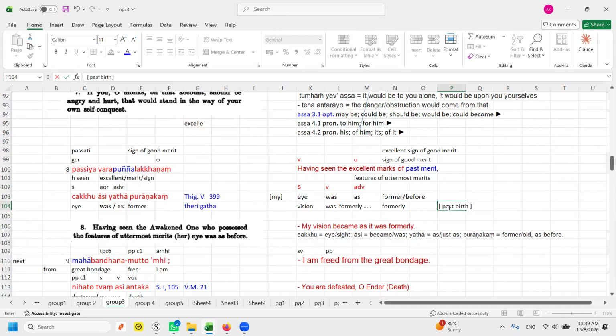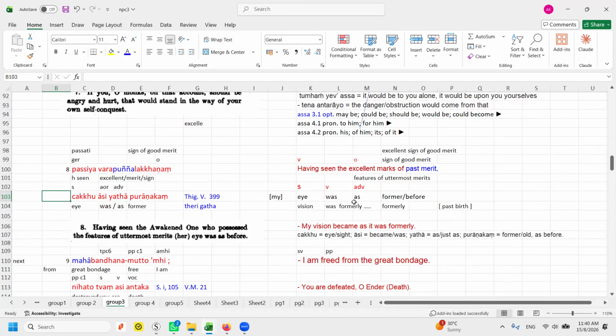Because it's not ending, that means she recalls her past karma, what she has done, from the past birth. Because this is too short. I was formerly, my vision was former, and then this doesn't make sense. This cannot be translated or said.